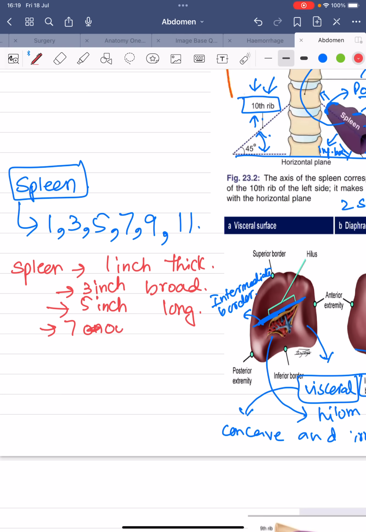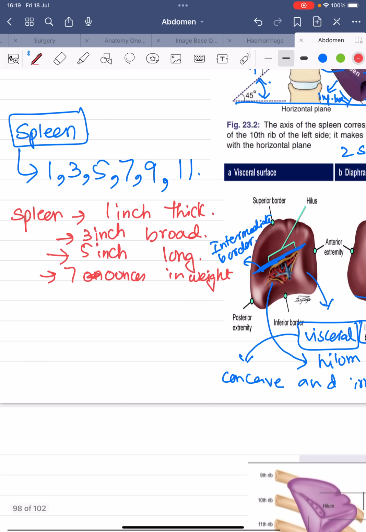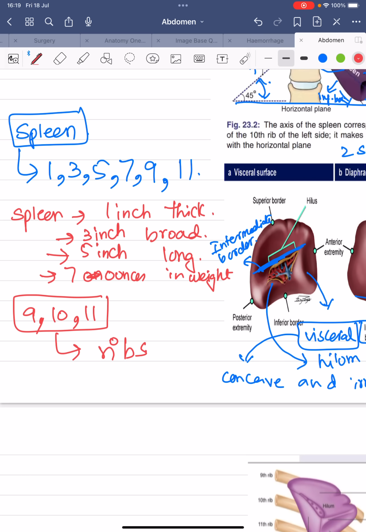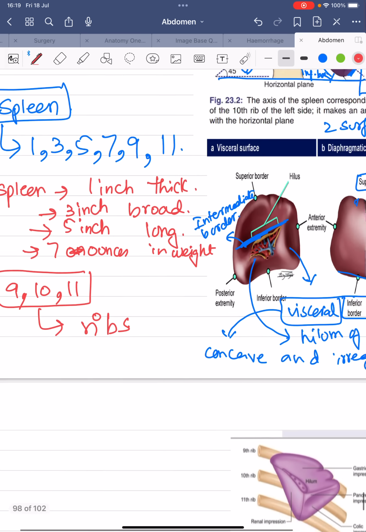The remaining 9, 11 is in relation to the 9th, 10th and 11th ribs. Please remember, see this diagram, all students. So this is the spleen.